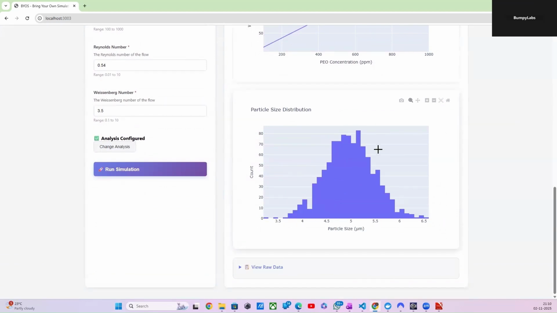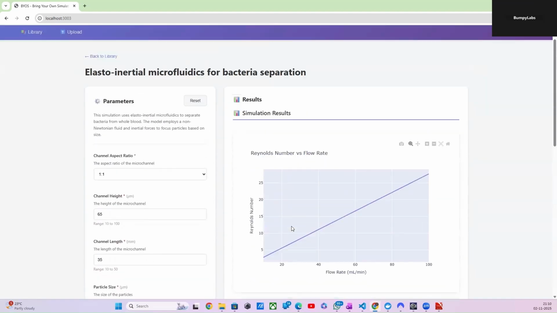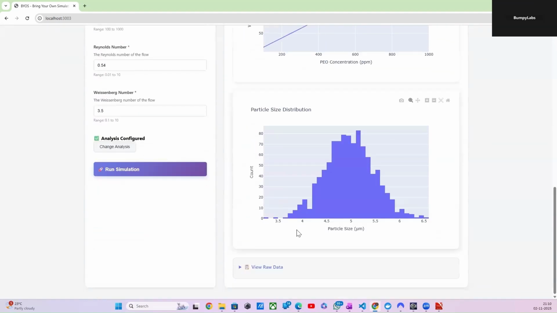The particle count seems to be focusing on the center, which is what we would expect when we have an increase in Reynolds number and a high Weissenberg number. So that is also shown here, right? And we can keep configuring this to extract our required simulation, but this is a good start.